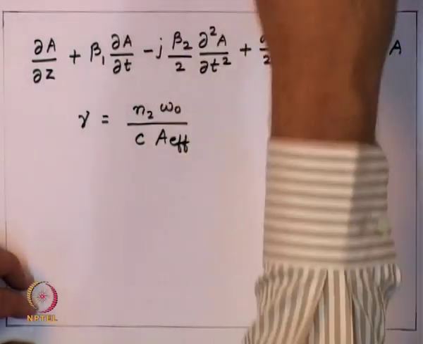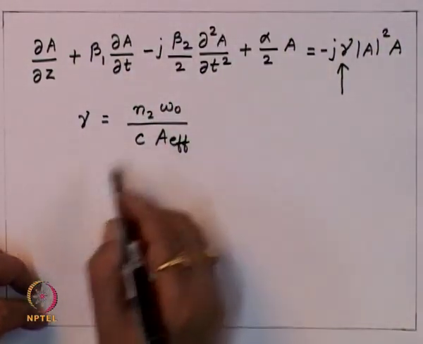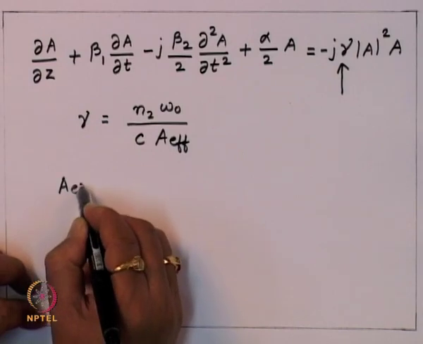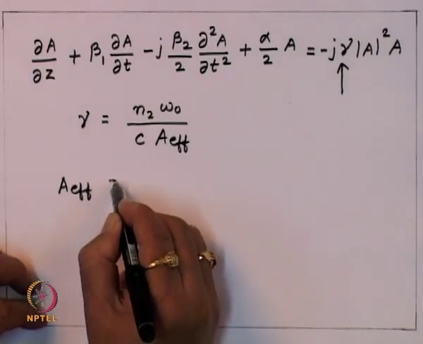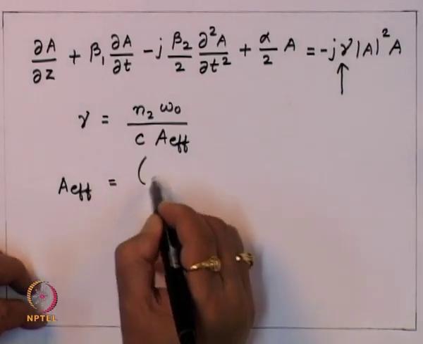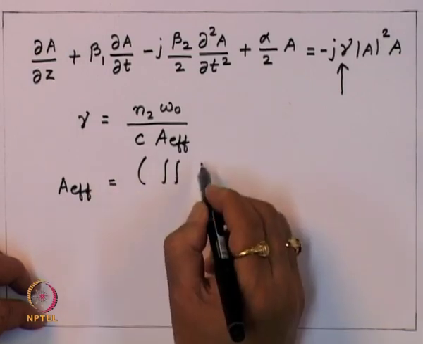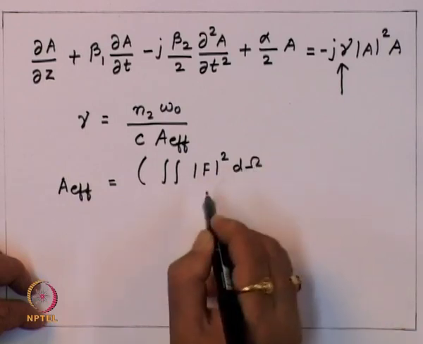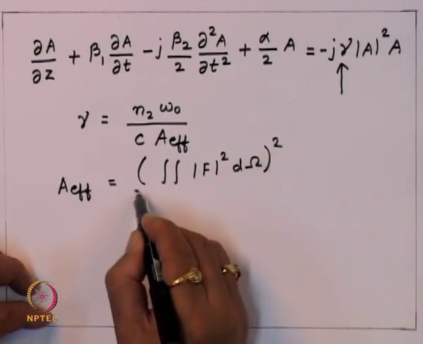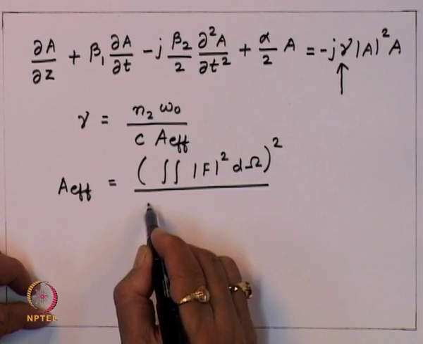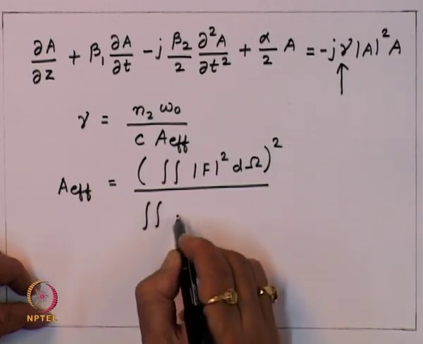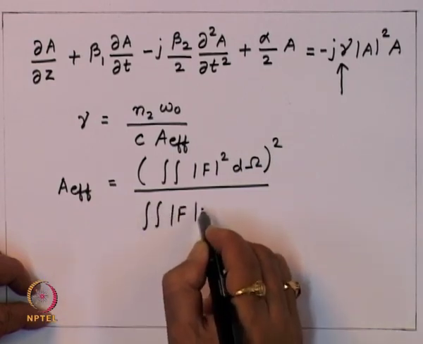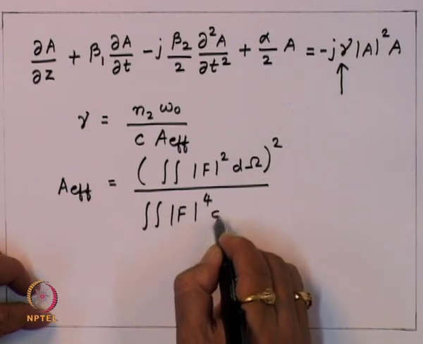And when you do this algebra, this quantity A effective is given as the integral of F square d omega whole square divided by the integral of F to the power 4 d omega.